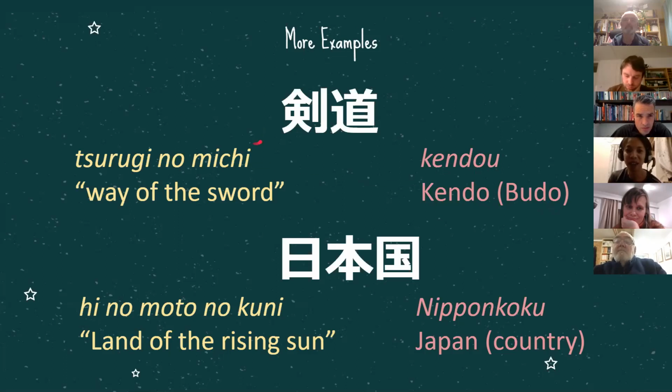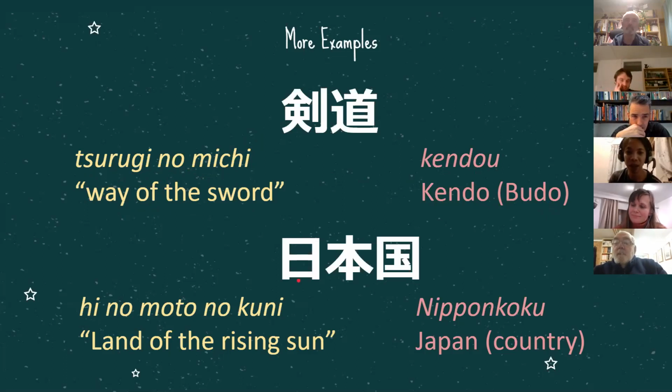But I can say it in Japanese reading, it's Tsurugi no Michi. It means the way of the sword, and it sounds like classical Japanese. And Tsurugi is a very old Japanese word for sword.